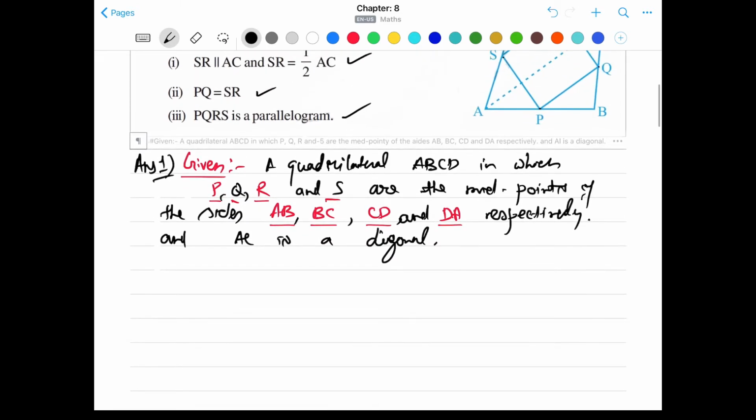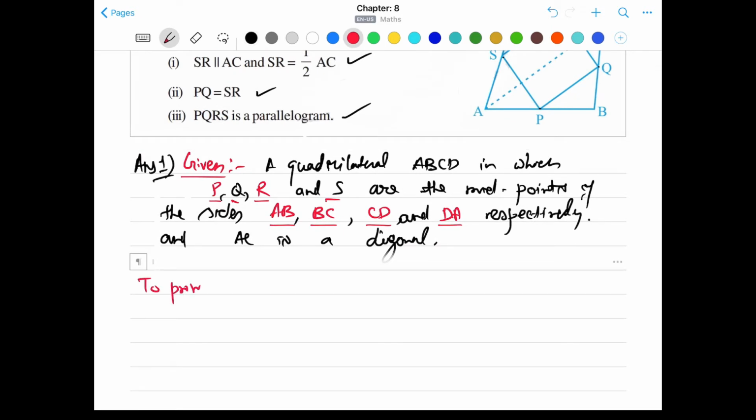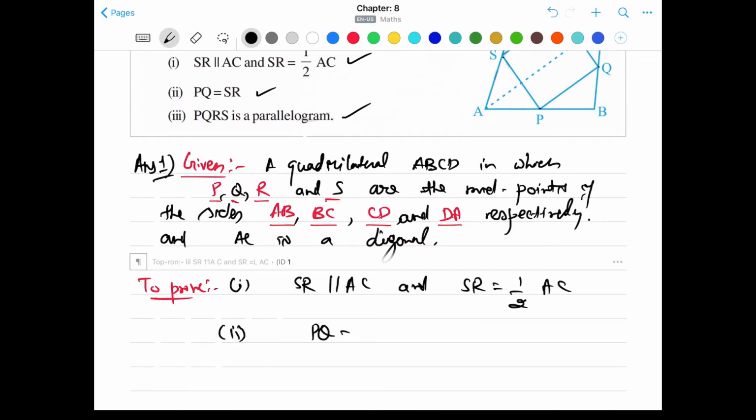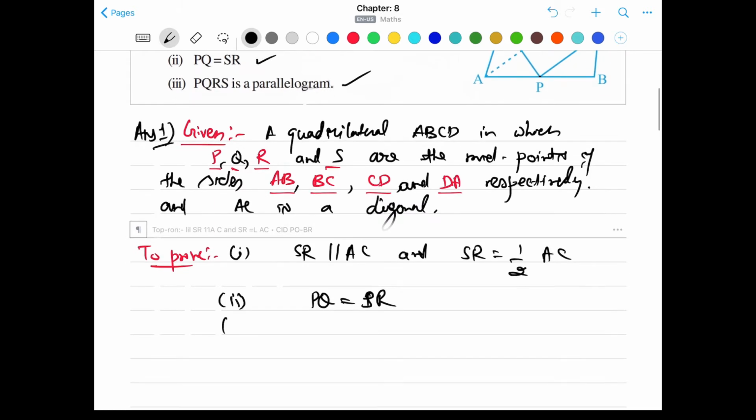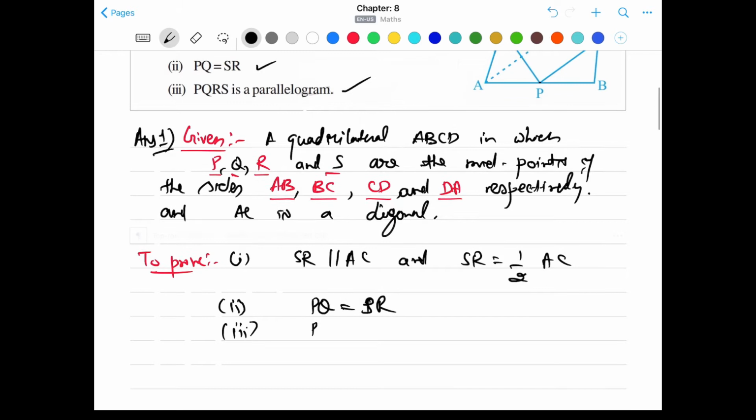Now what we have to prove here are three things. First, we are asked to prove that SR is parallel to AC and SR is half of AC. Second, we have to prove that PQ is equal to SR, and third, we have to prove that PQRS is a parallelogram.